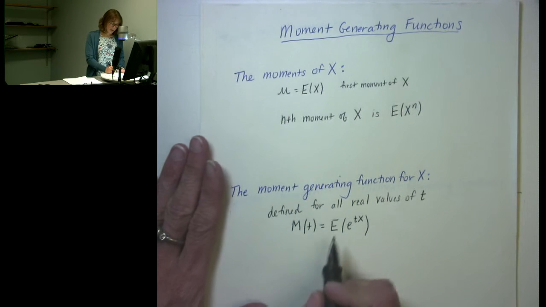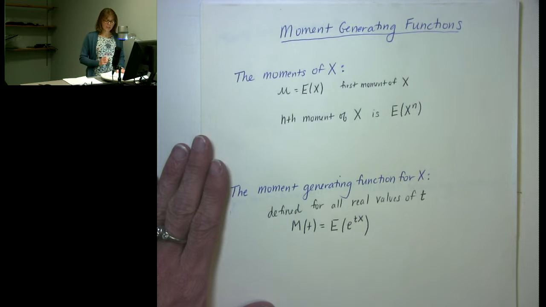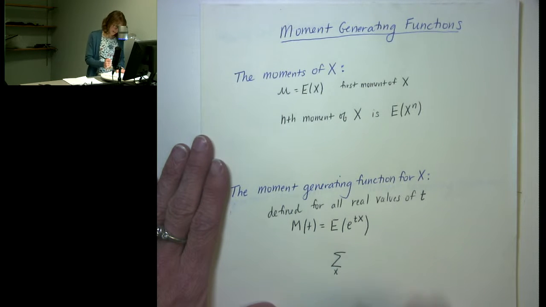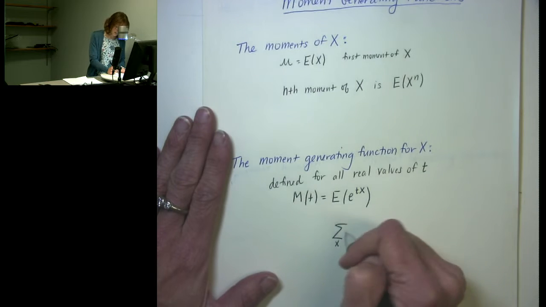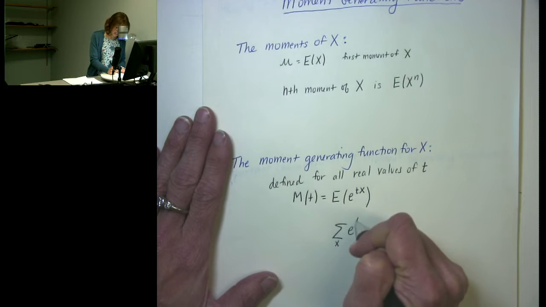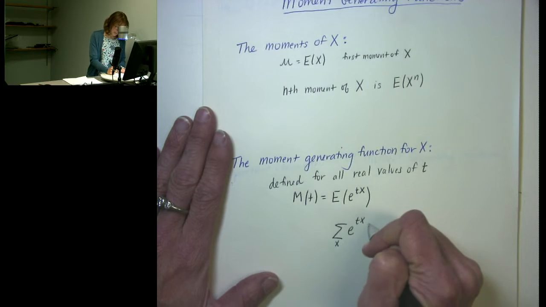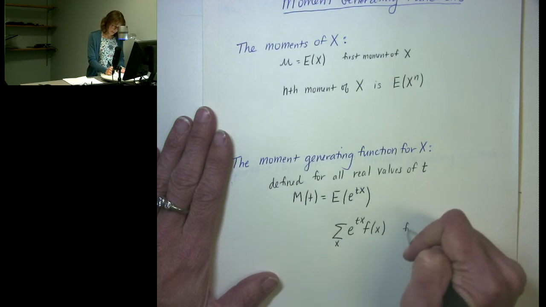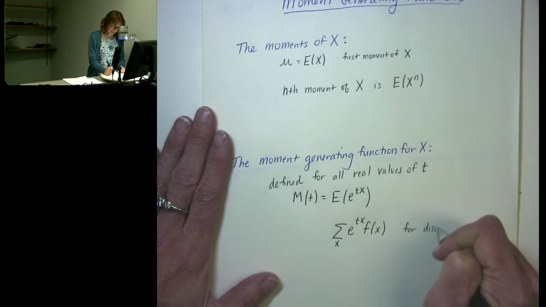And if you remember the way that we find the expected value of a function of x, if we're working with a discrete random variable, we would be summing over all of the possible values of x, this function of x, e to the tx, times the probability that x equals that value, little f of x. That would be for the discrete case.